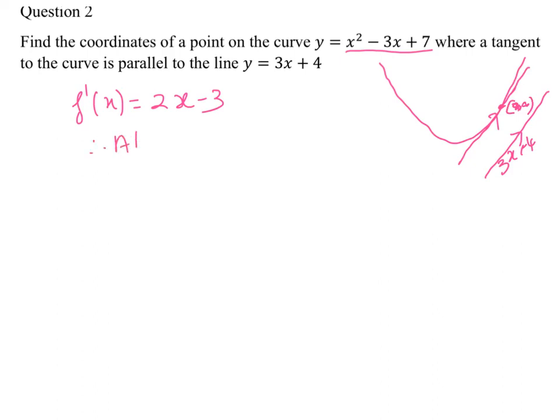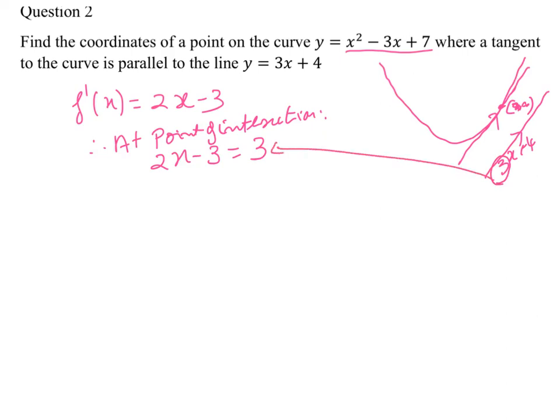Therefore, at the common point, 2x minus 3 is equal to 3. This 3 here is the gradient. Therefore, I solve for x: 2x is equal to 6, and x is equal to 3. So I got the x coordinate of the common point, which is 3.